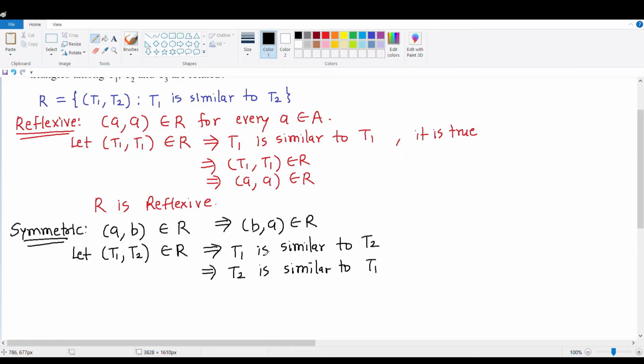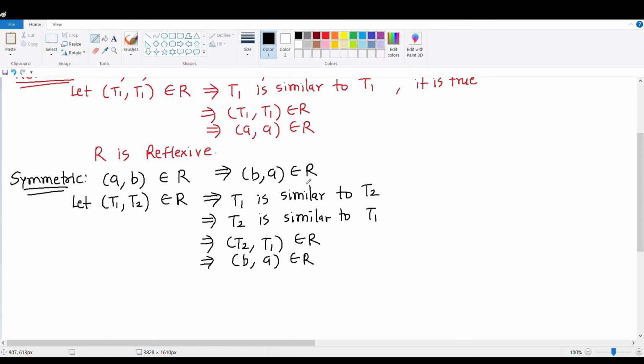Of course, same thing. And if T2 is similar to T1, we can say that (T2, T1) belongs to R. And since (T2, T1) belongs to R, we can say (B, A) belongs to R because that's what we took: A equals T1, B equals T2. Since we have (B, A) belongs to R, it is a symmetric relation. So R is symmetric.